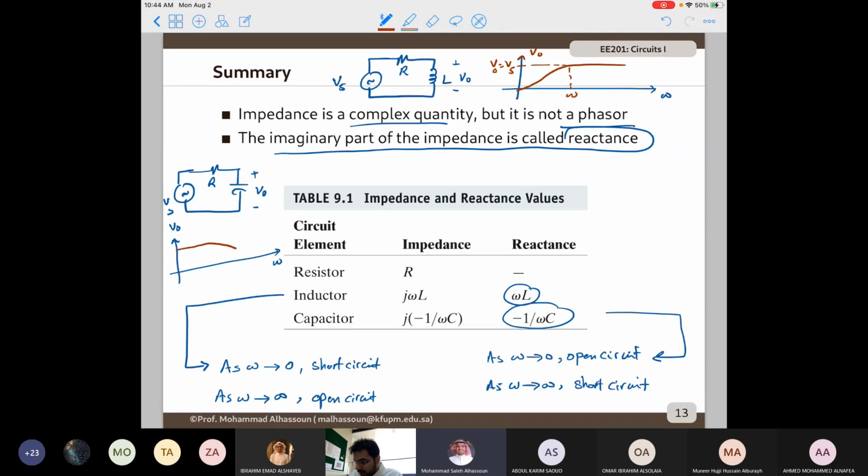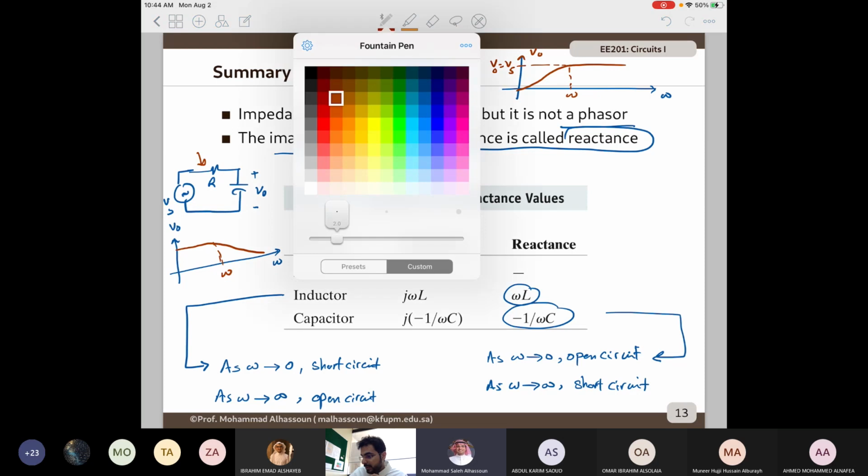Then it will start decreasing until at very high frequency, it will reach 0. So this circuit will pass only low frequency components and will suppress high frequency components. This circuit we call a low pass filter. Again, we use the fact that the impedance of the inductor and the capacitor changes with respect to frequency. Is it clear?